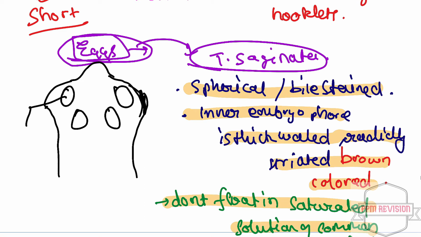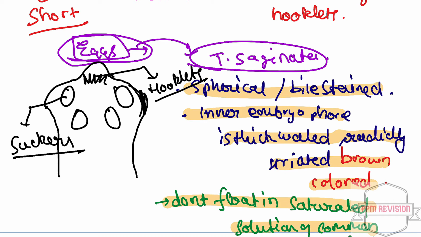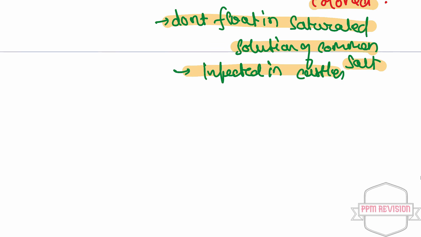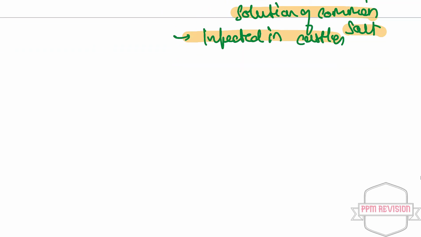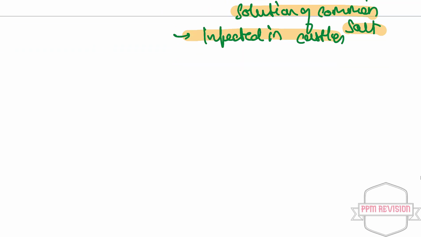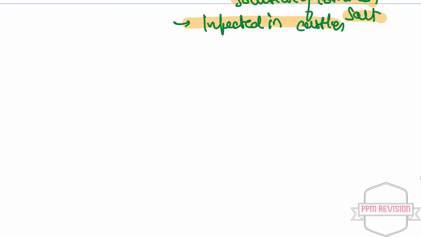Here these are the suckers, and then here you have the hooklets. This is a rough diagram of how it is supposed to be. So that's how it is. Now we'll be quickly looking at some other important MCQs.